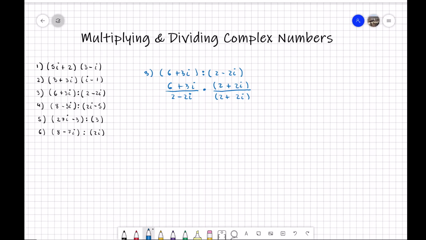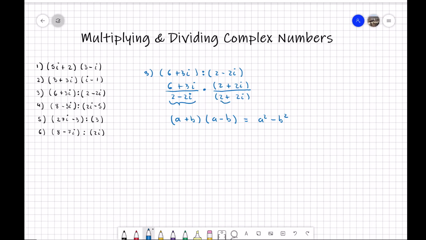We're doing this because of this formula. We know that a plus b multiplied by a minus b is going to be equal to a squared minus b squared, right? So that's why we're multiplying by the same numbers.